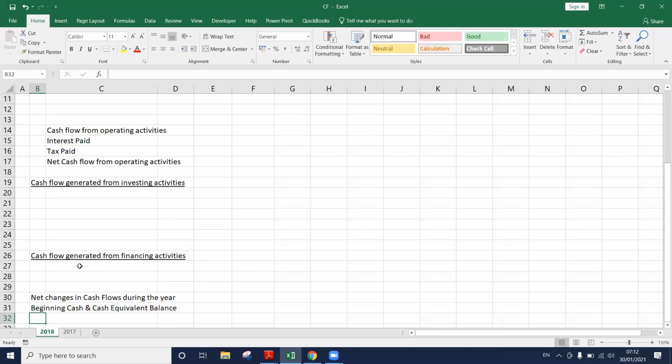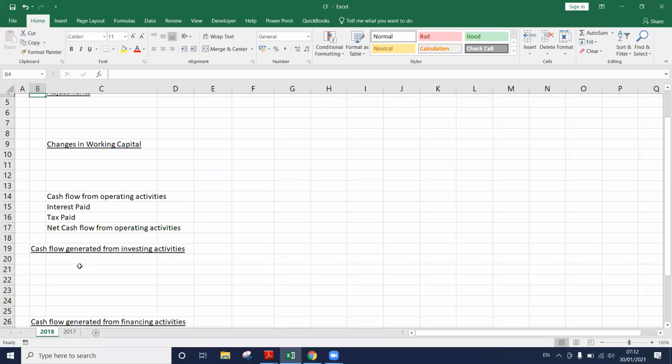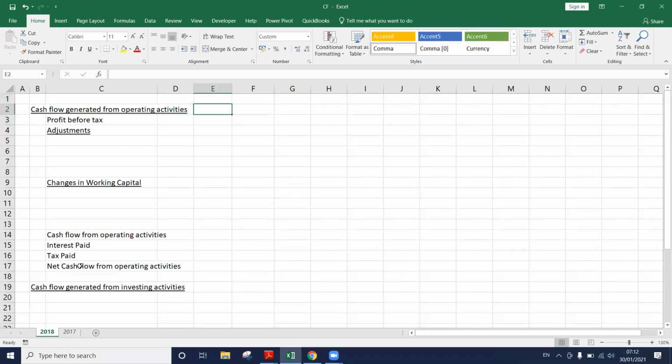Once this change is added to the opening balance, we will have the closing balance, right? Closing cash and cash equivalent balance. So this is what we need to fill up with.